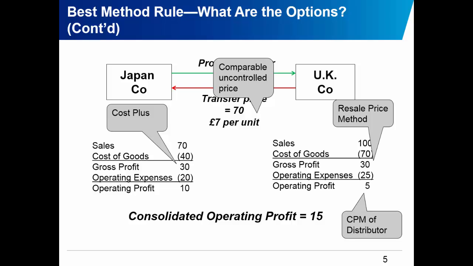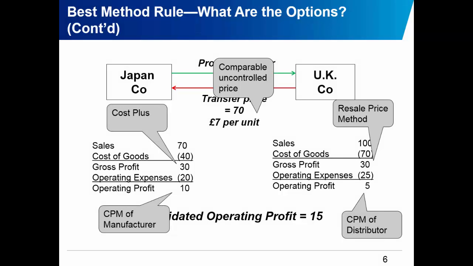So the idea is to try to find comparable manufacturers to Japan Co and verify that a gross profit of 30 compared to your cost of goods of 40 would lead to an arm's length result. If yes, then you simply add this 30 gross profit to the cost of goods of 40 and get again the 70, the transfer price of 70, meaning that this cost plus method again is a direct measure of price.